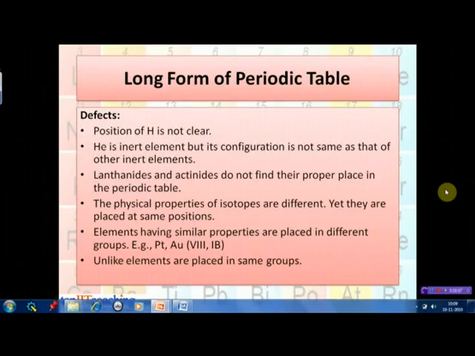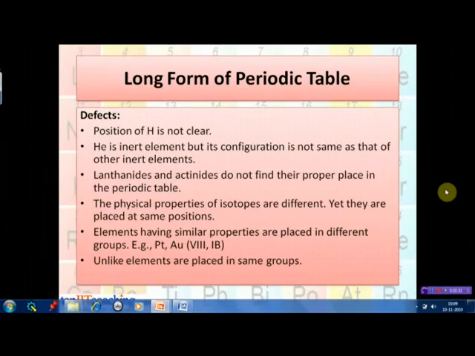But long form of periodic table has its share of defects as well. First of all, position of hydrogen is not clear in this table also, just like the earlier periodic tables. Secondly, helium is an inert gas, but its configuration is ns2, which is not same as that of the configuration of other inert gases, which is ns2np6. Then lanthanides and actinides are placed outside the main periodic table.